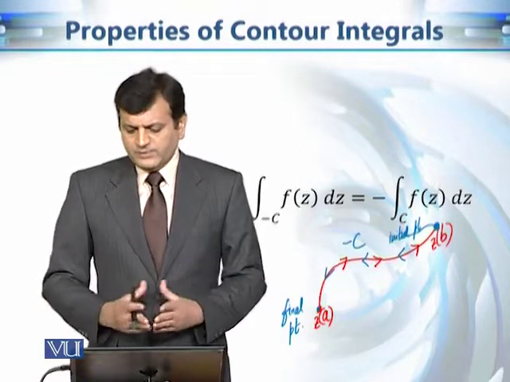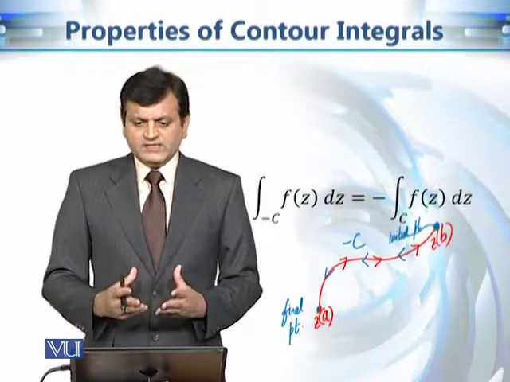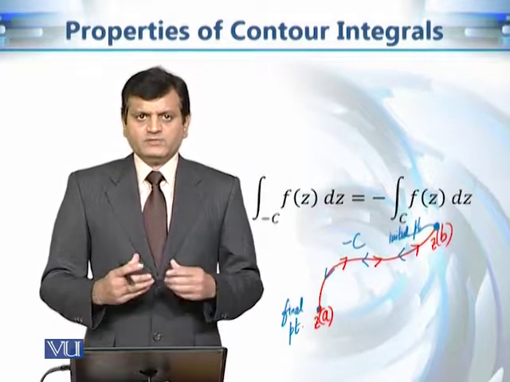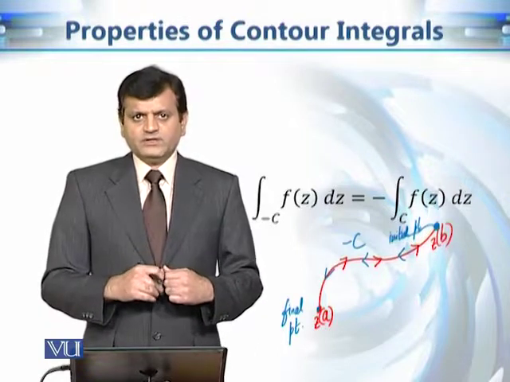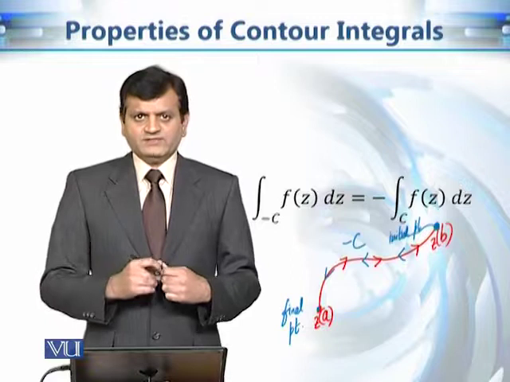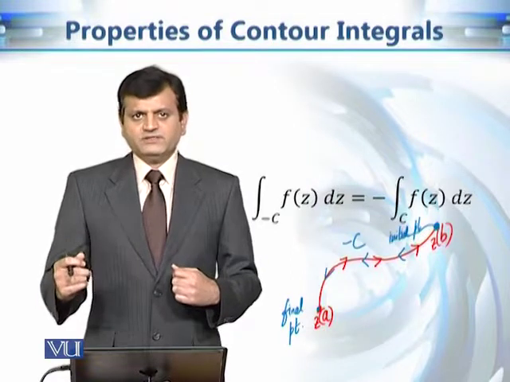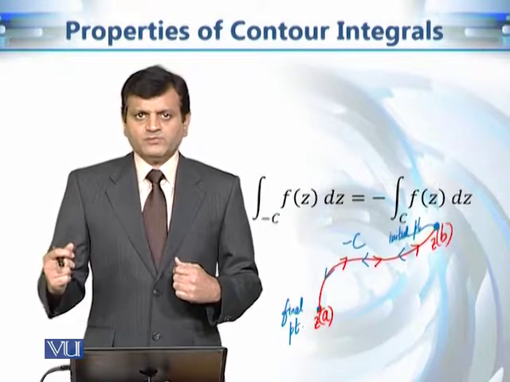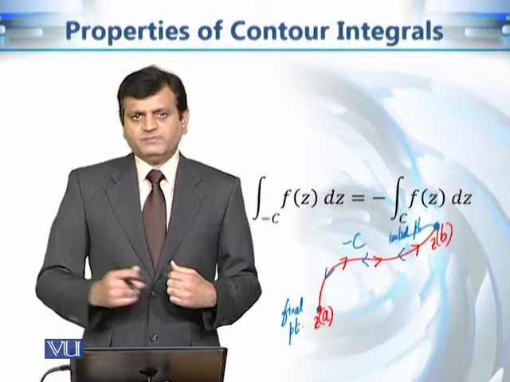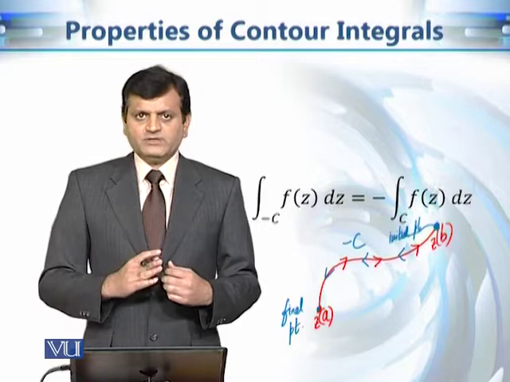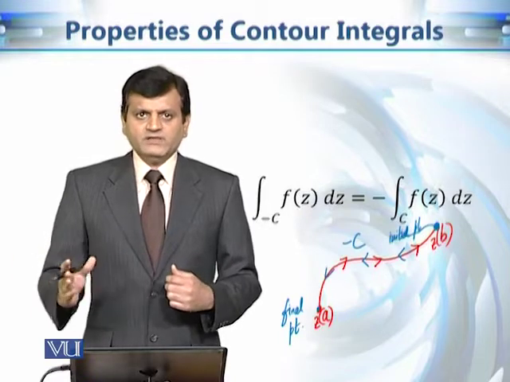For example, if C is moving from one city, London, to another city, Birmingham, then minus C is moving from Birmingham to London. The path is basically the same, but the direction of travel is different.